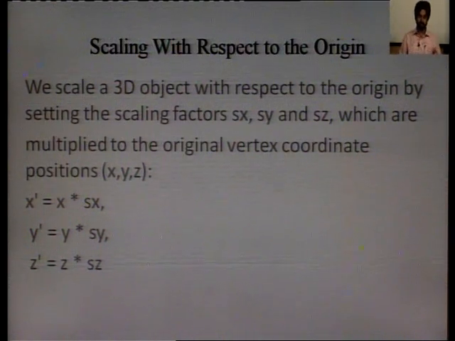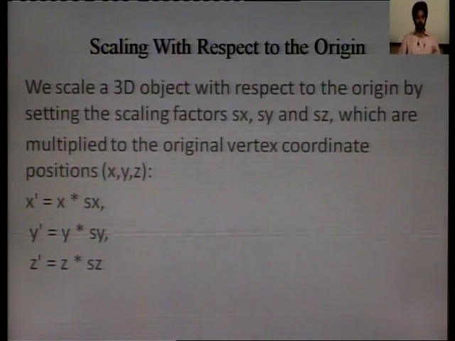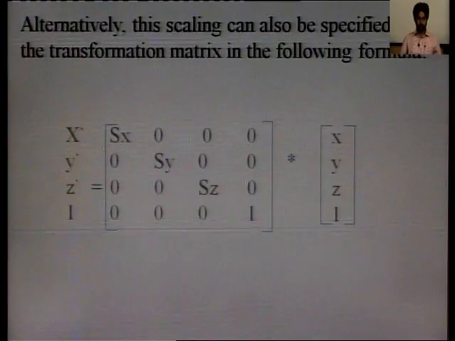In the transformation of 3D, we have to find x dash, y dash and z dash. Alternatively, this scaling method can be applied by the matrix method.